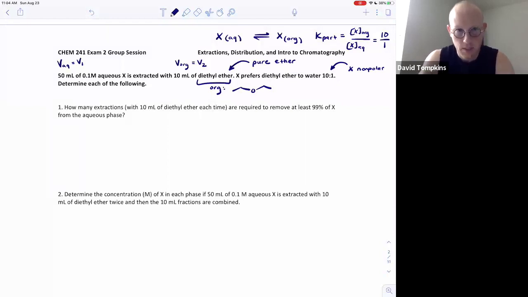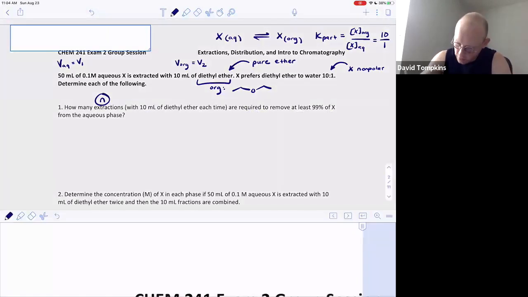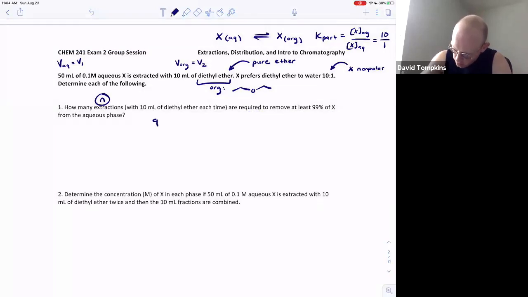First question here: how many extractions with 10 mils of diethyl ether each time? So we're looking for n. How many are required to remove at least 99% of X from the aqueous phase? So recall that Q is the fraction of the solute X that remains in the original phase, or the water.